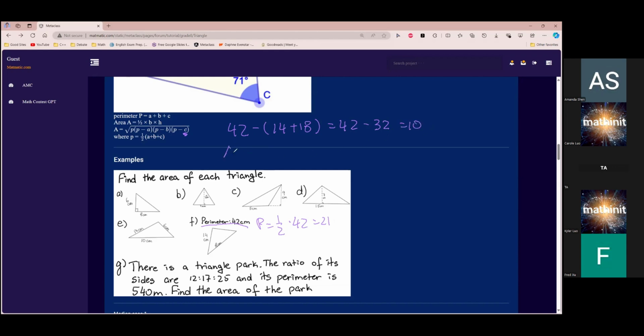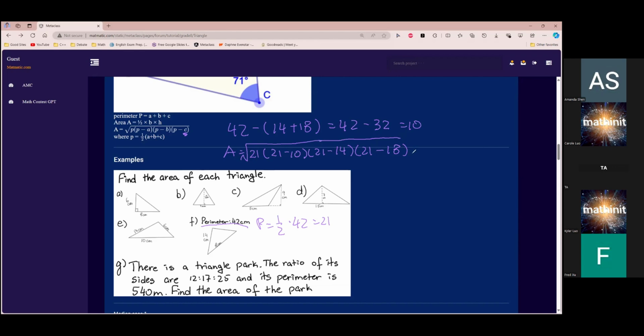So if you plug that into the formula, you get 21 times (21 minus 10) times (21 minus 14) times (21 minus 18).